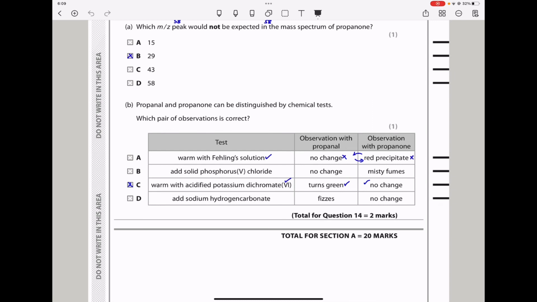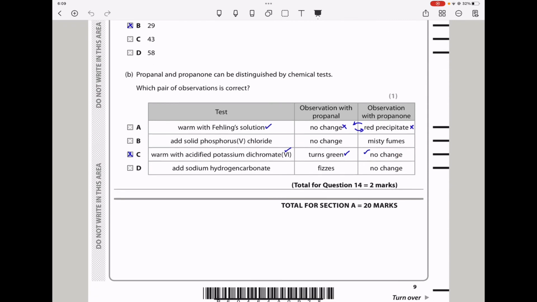That is wrong. And C says warm with acidified potassium dichromate. This is an oxidizing agent, so this could be okay because the aldehyde can be oxidized while the ketone cannot be oxidized. So oxidation of the aldehyde, which is propanol, turns from orange to green. And then with propanone, there will be no observable change because propanone cannot be oxidized. So the answer here should be a C.